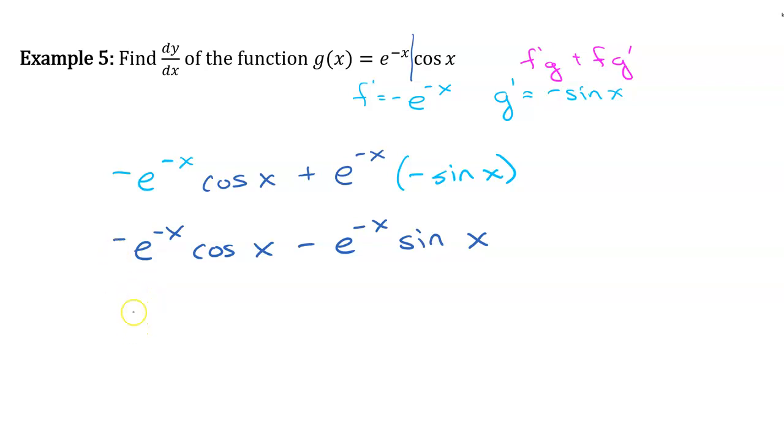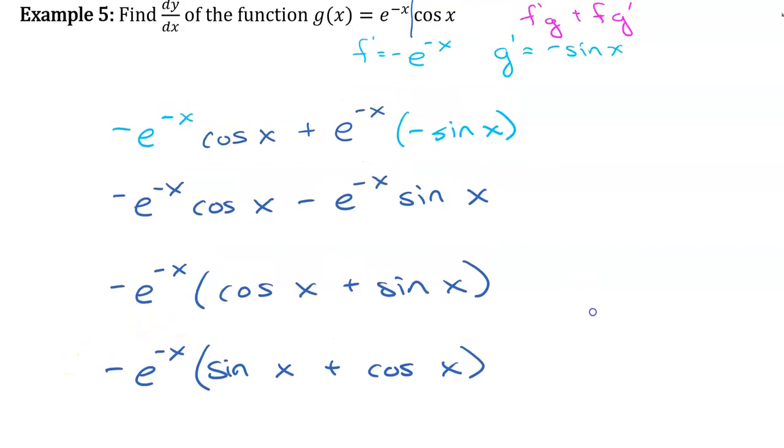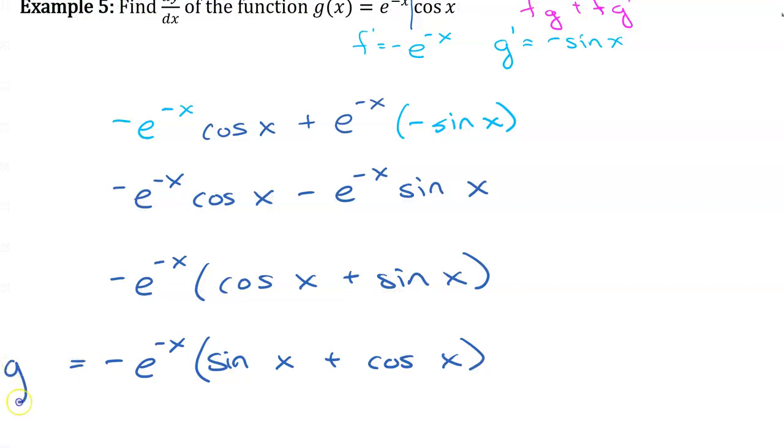So I'm going to pull out a negative e to the negative x as a GCF, and that would make that positive as well. And then I'm going to write sine first, just to make it easier if I have to work with this thing later. And that was g of x, so this would be g prime of x.